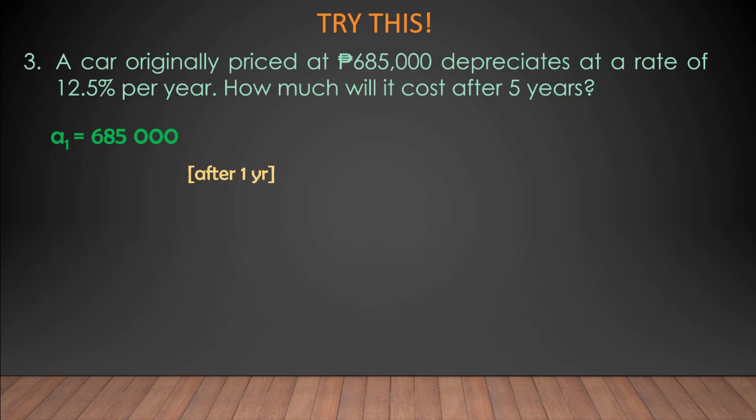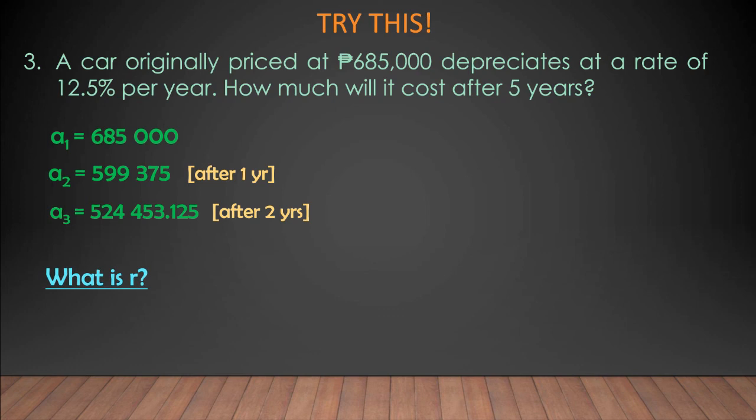After 1 year, it's going to depreciate at a rate of 12.5%. Therefore, after 1 year, its cost will now become 599,375. After 2 years, it's going to depreciate by 12.5% again. So it will be 524,453.125.